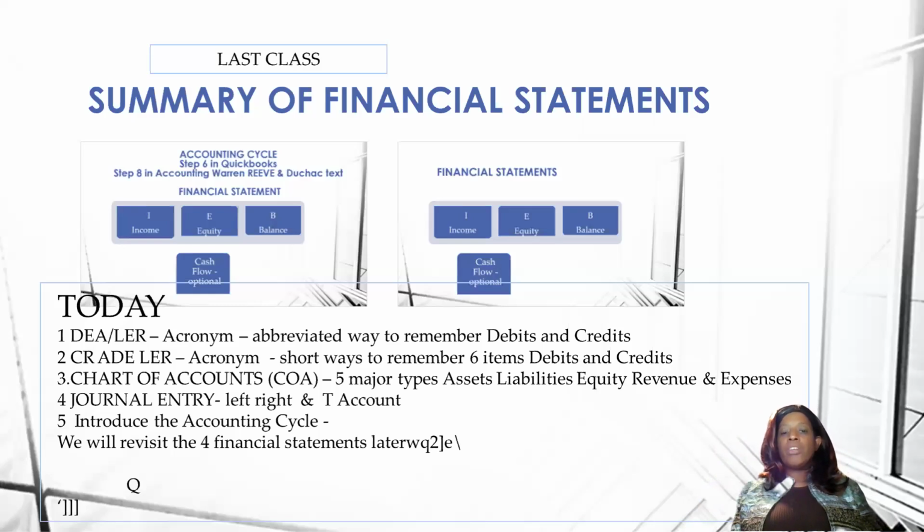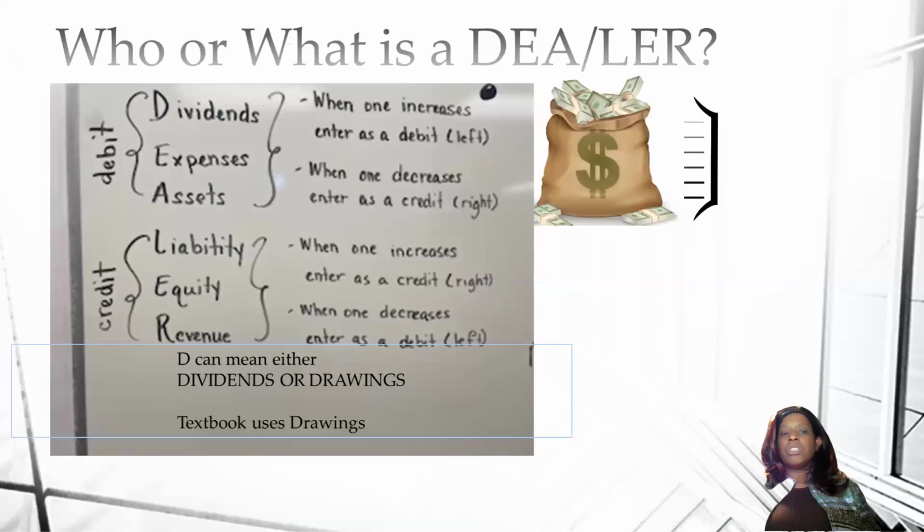So let's go ahead and write down what DEALER stands for if you weren't here last time and you need to review. D is for dividends, and D can also be for drawings. I have it right here. E is for expenses, and these increase with a debit.